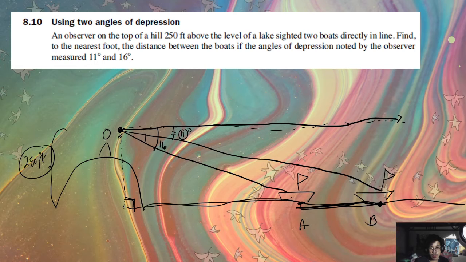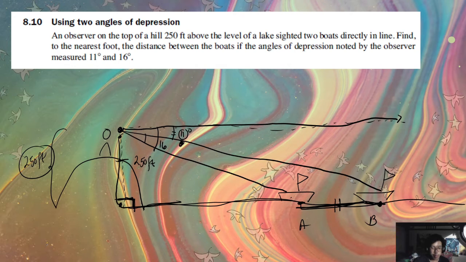Since we know that this is already 250 feet, and we know that this could be a right triangle, out of the trigonometric ratios that we have, since we're solving for a side measurement, wherein we have a right triangle within two right triangles, we can solve for the measurement of this angle.